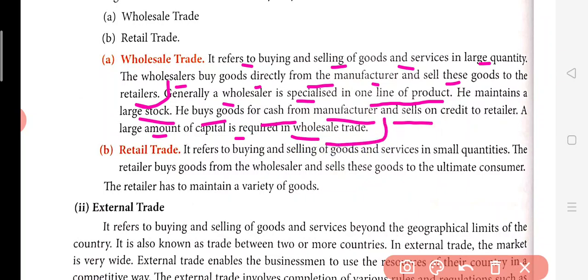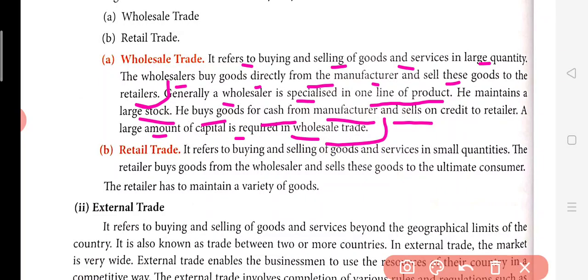So there is one type of trade which is called wholesale trade, where a manufacturer sells to the wholesale trader. A businessman engaged in wholesale business will be specialized in purchasing one type of commodity, say for example plastic goods.